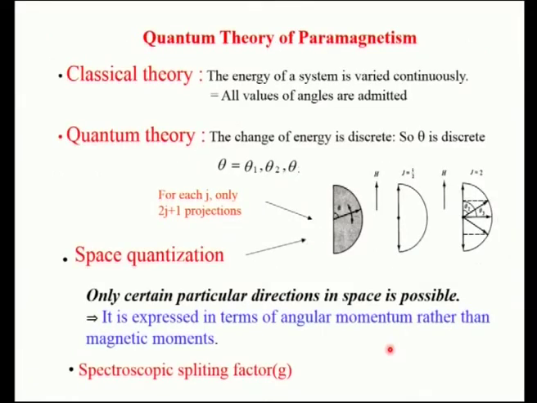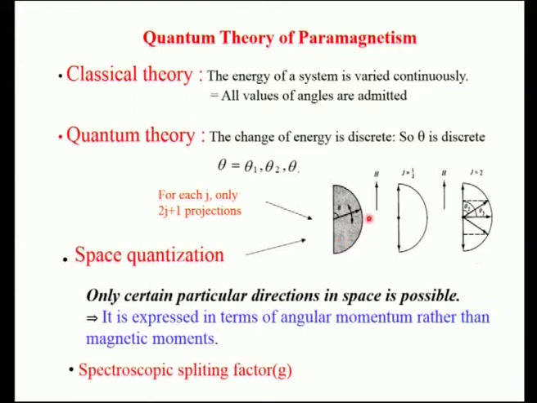Now we go to the quantum counterpart of paramagnetism. In the earlier case, the orientation of spins was taken to be continuous. All values of theta were permitted, whereas here this is not so, because the angular momentum is quantized in quantum theory for the electrons.